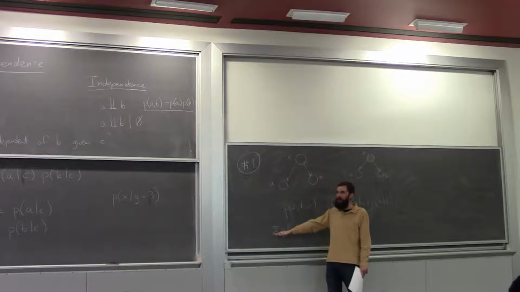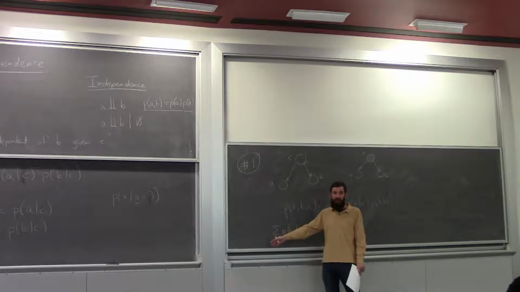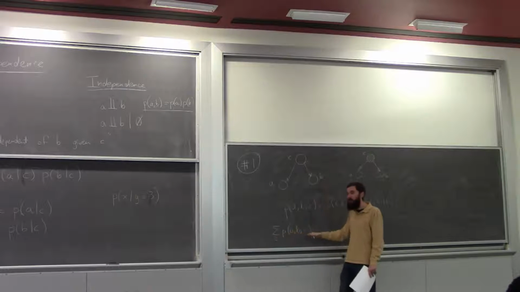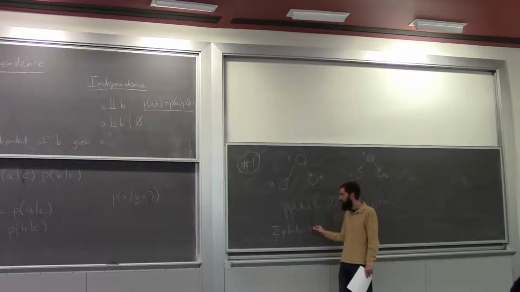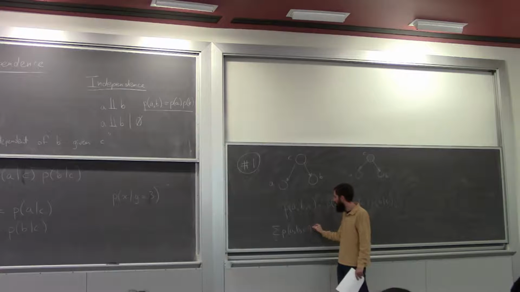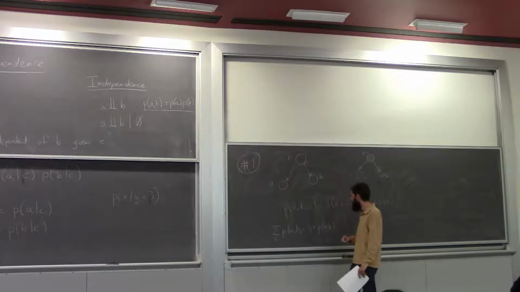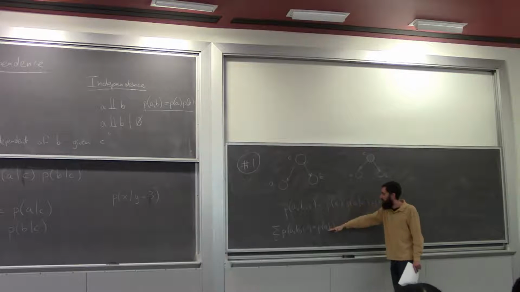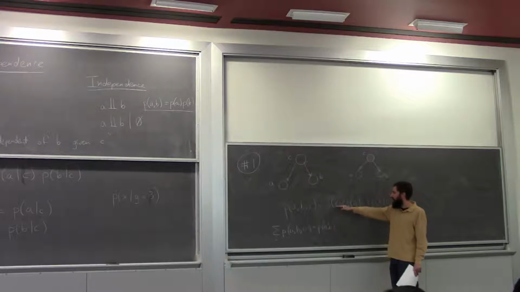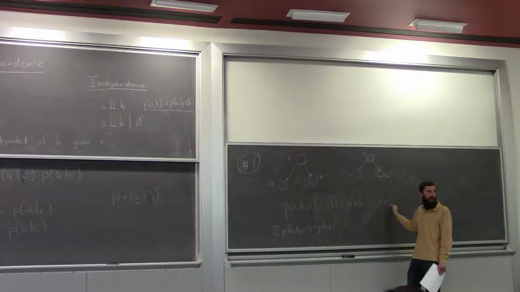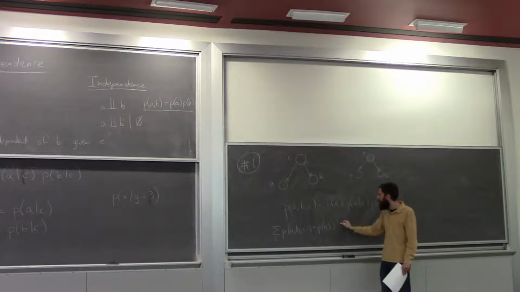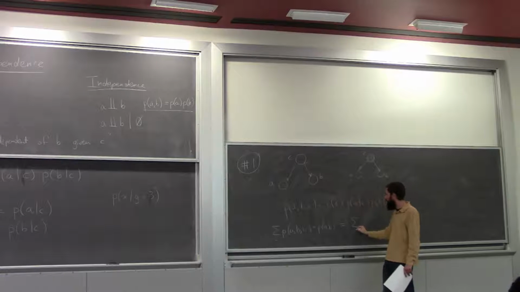We're assuming discrete for the time being. If it was continuous, of course, I'd do an integral. But just sum over this, and that is just the marginalization equation. This is equivalent to P of AB. And so this P of AB is going to be equal to the right-hand side summed over C also.